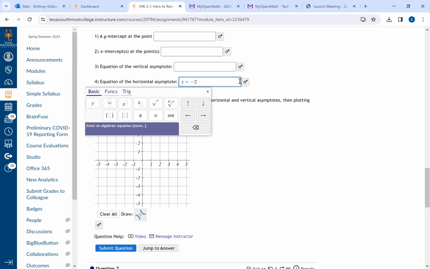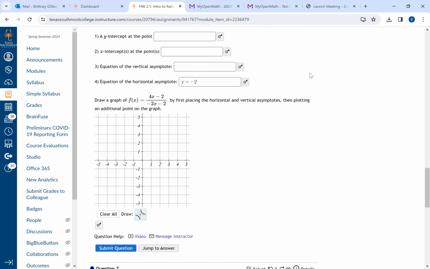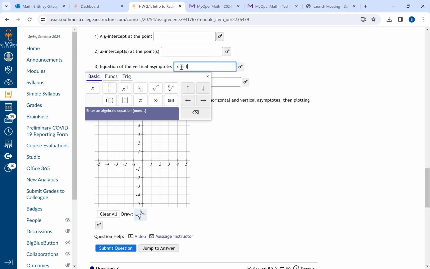That's going to be y equal to -2. My vertical asymptote would come from the bottom. So -2x minus 2 set equal to 0. I should get x equal to -1.